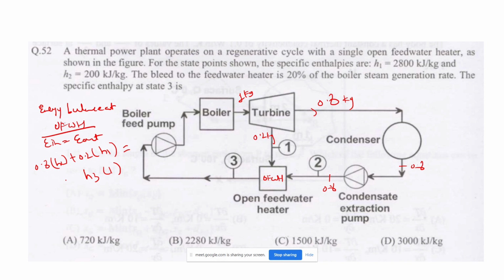So the enthalpy at every point they have given already. 0.8 into H2, which is 200, plus 0.2 into H1, which is 2800, is equal to H3. What is the H3 you will get? 720 kilojoule per kg.